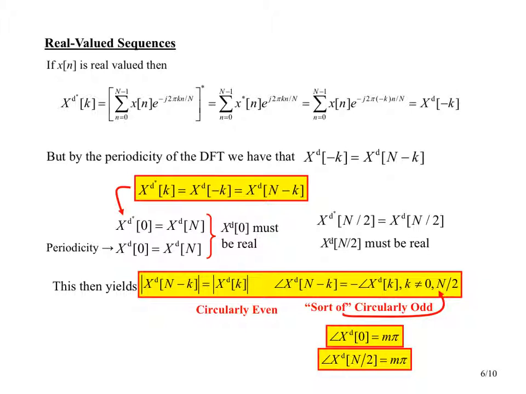Let's look at the complex conjugate of our DFT. So we just put in our DFT result and we put a complex conjugate on it. And then we pass the complex conjugate inside.